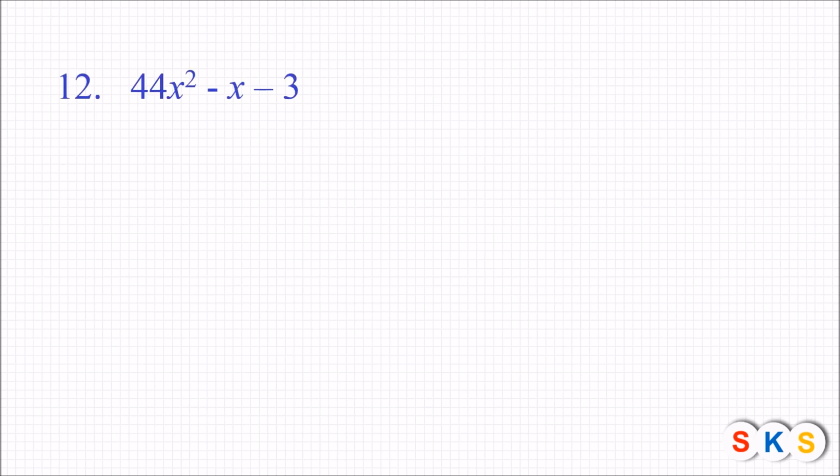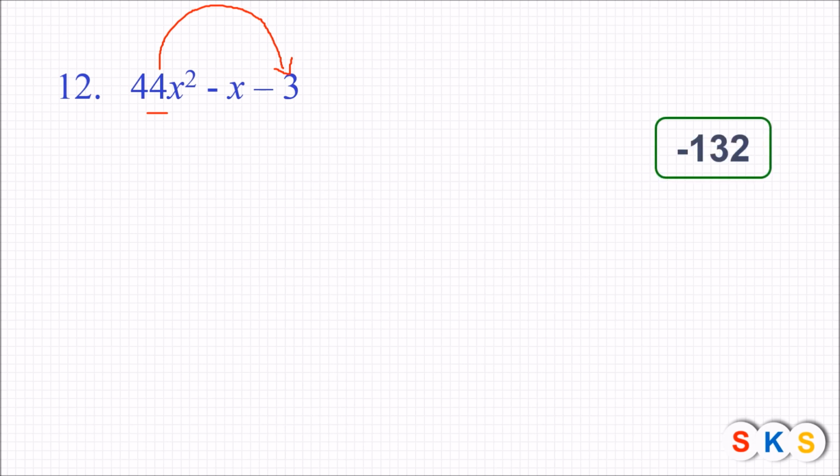Here we have question number 12. Now you can see that the square term has a coefficient other than 1. So here we are going to multiply 44 with minus 3. If I multiply 44 with minus 3, I will get minus 132. Now we will find two numbers.